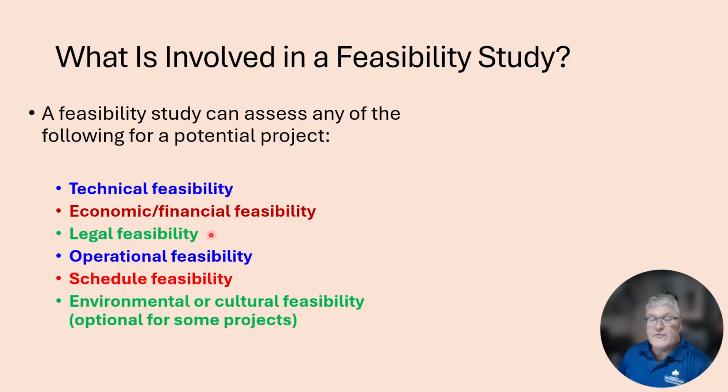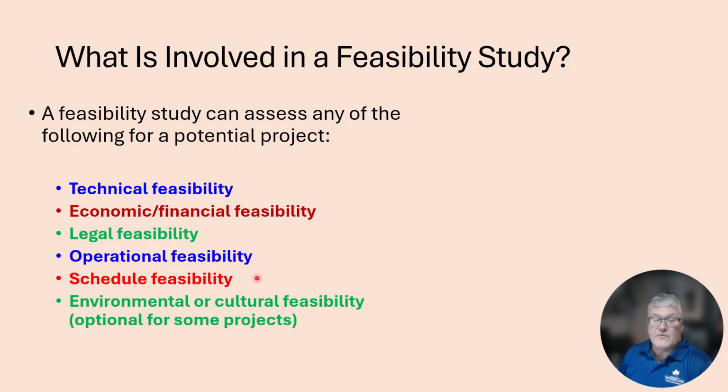You have the legal feasibility. Legal feasibility just means you're looking over any documents or statutes or laws that have an impact on the project. You have the operational feasibility. Operational feasibility may mean the people involved, the resources involved, equipment involved, and things of that nature related to whether you can get the project completed.